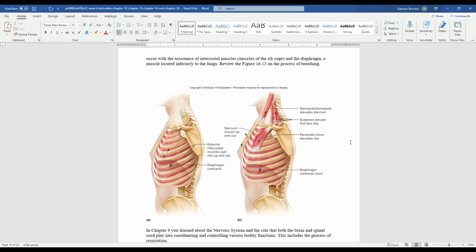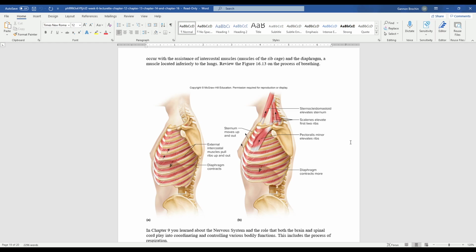Now, we have other muscles that exist to help with inspiration. So, for instance, pectoralis minor can help elevate ribs 3 through 5. The external intercostals help to expand the rib cage. The sternocleidomastoid will pull up on both the sternum and the clavicle.